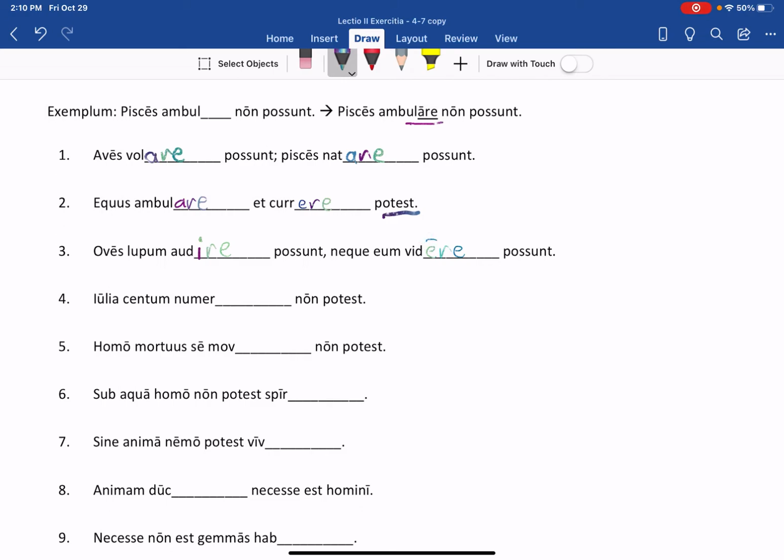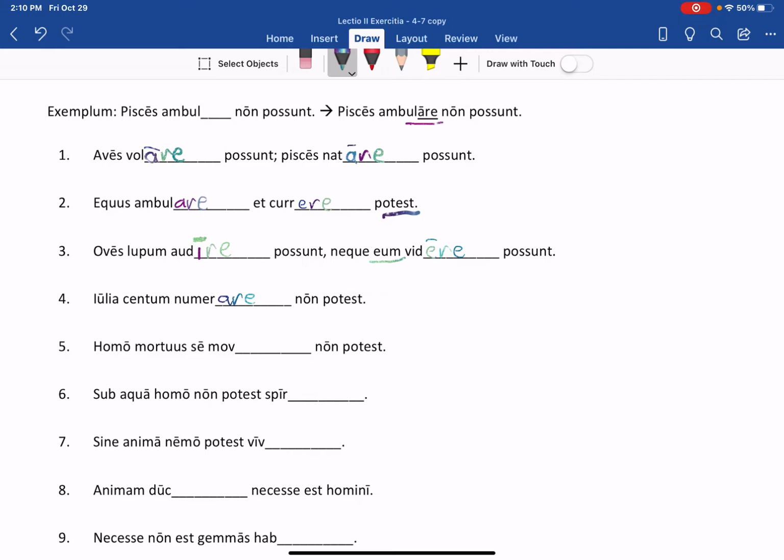So this is, the sheep are able to hear the wolf, and they're not able to see him. Eum, videre eum. Number 4, Julia centum numerare non potest. Julia is not able to count 100.